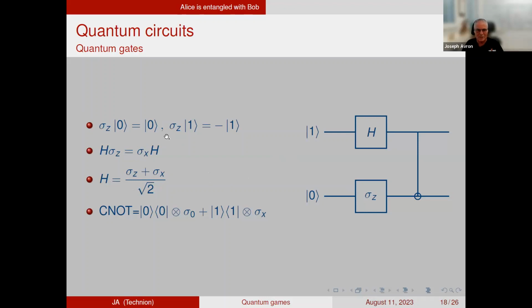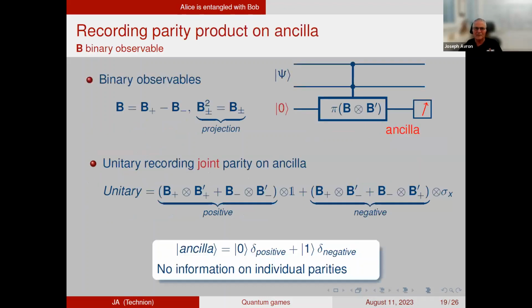So this was just a preliminary on quantum circuits. And the way to measure, for example, the parity B of the two qubits here is going to be like this.